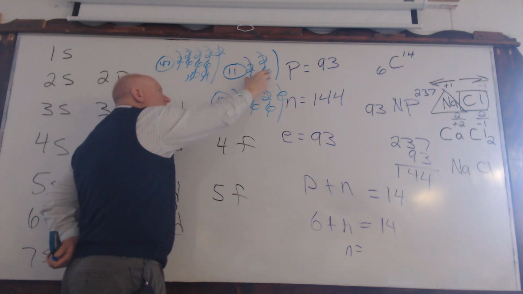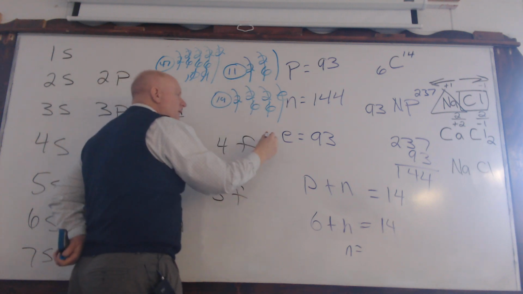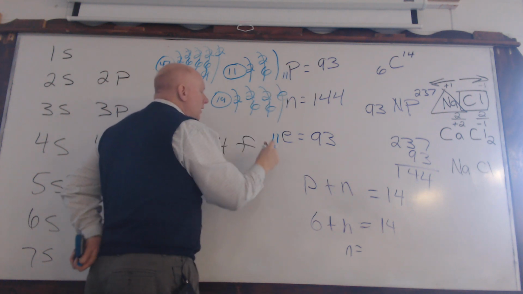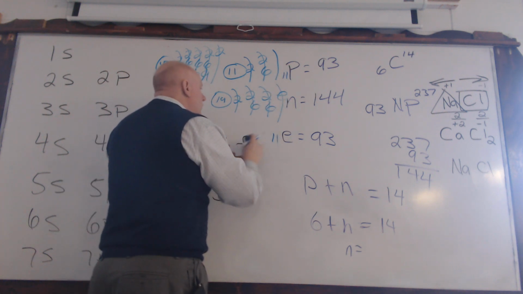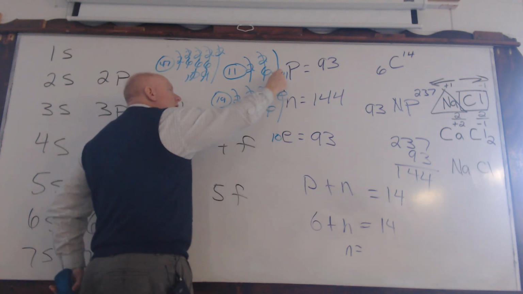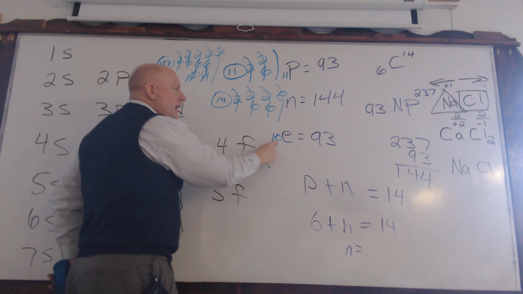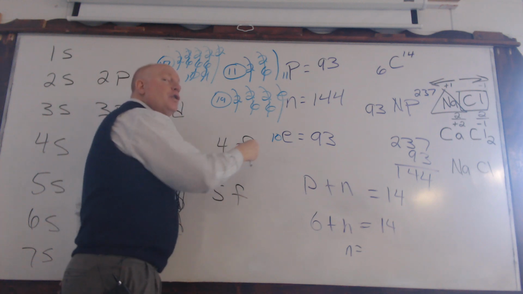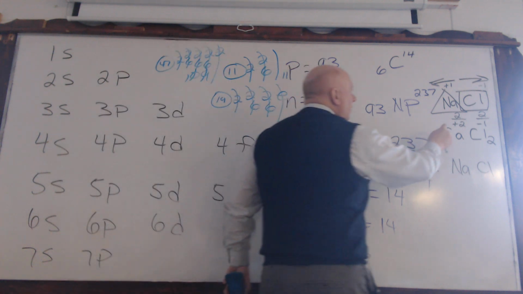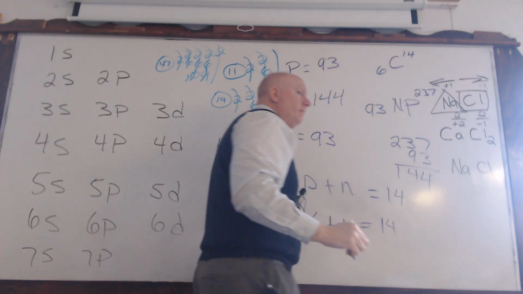If these are electrons which have negative charges, and these are protons which have positive charges, what is the difference between these? It's got 11 positive charges and how many negative charges? 10. So that's a net difference of plus what? 1. And that's where that comes from, right there.